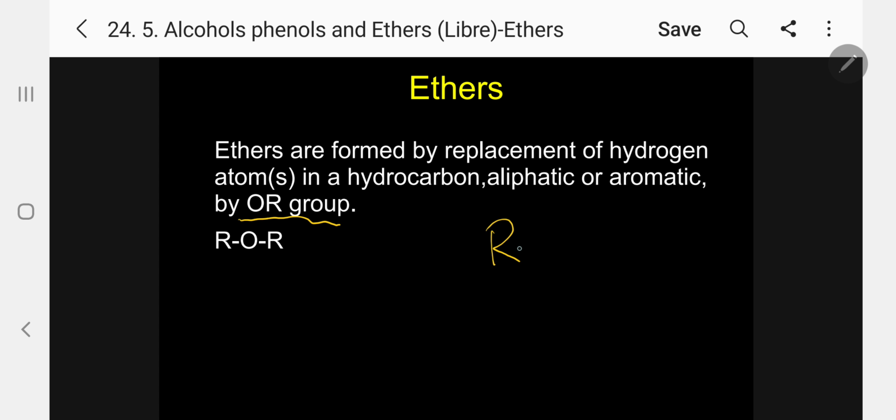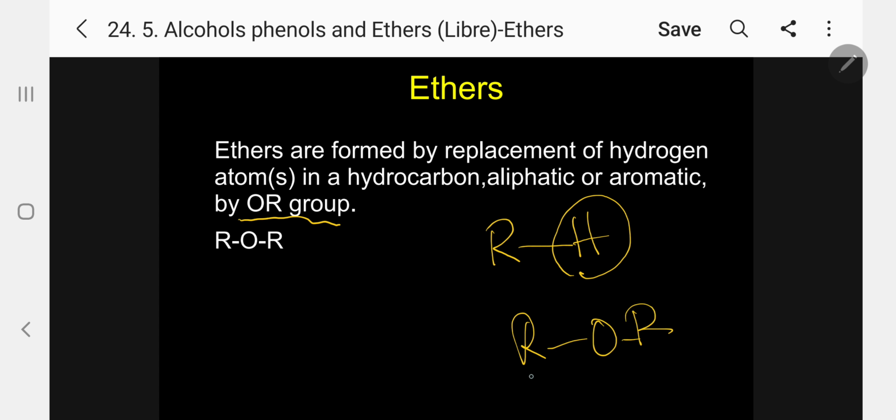Suppose it is a hydrocarbon. So instead of hydrogen atom, if I substitute another OR, it is an aliphatic ether. Suppose instead of this, if I am introducing an aromatic side, then it is the corresponding aromatic ether. Kindly follow.